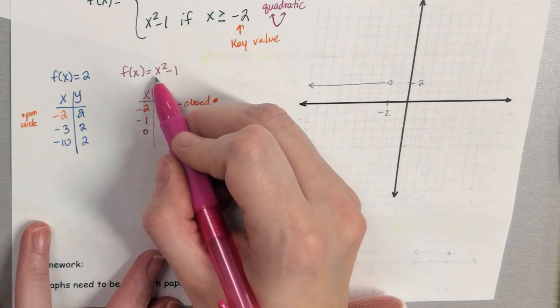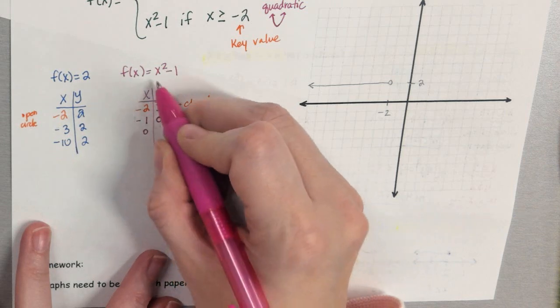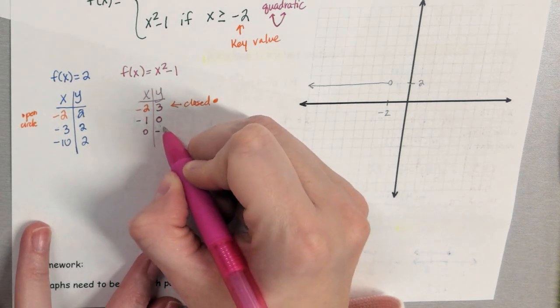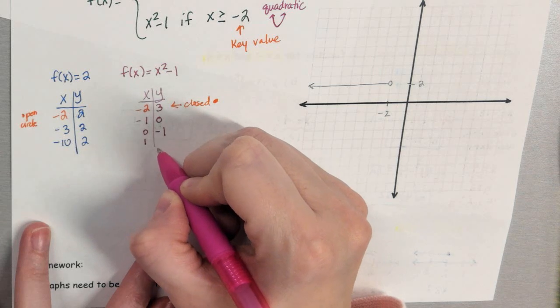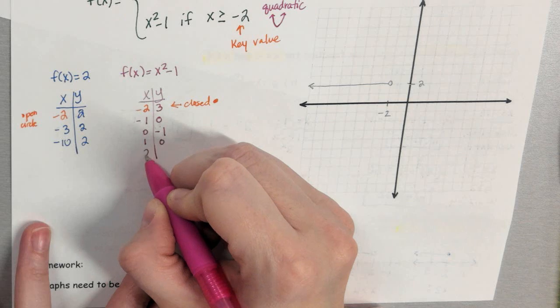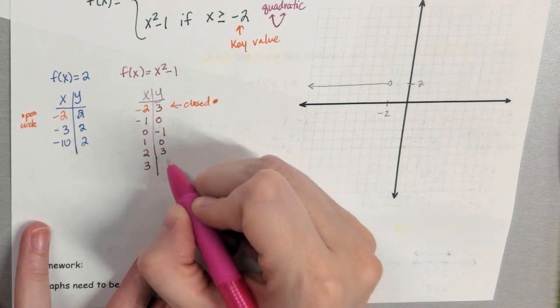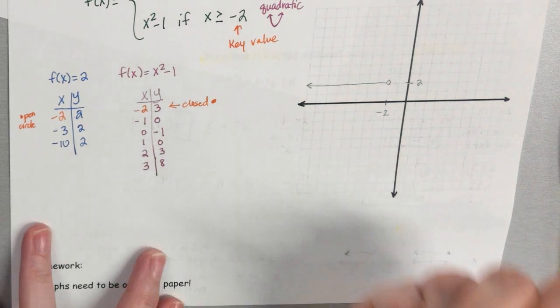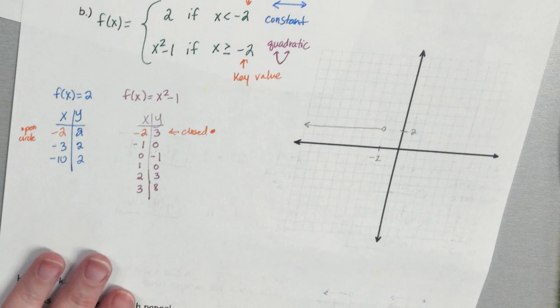Okay, so negative 1 squared is 1. 1 minus 1 is 0. If I plug in 0, I get negative 1. If I plug in 1, what do I get? 0. If I plug in 2, what do I get? Okay, if I plug in 3, what do I get? If I plug in 4, I get, and that's off my graph, so I'm done.